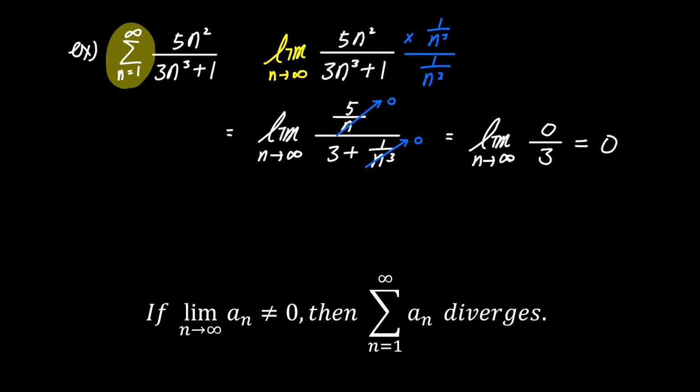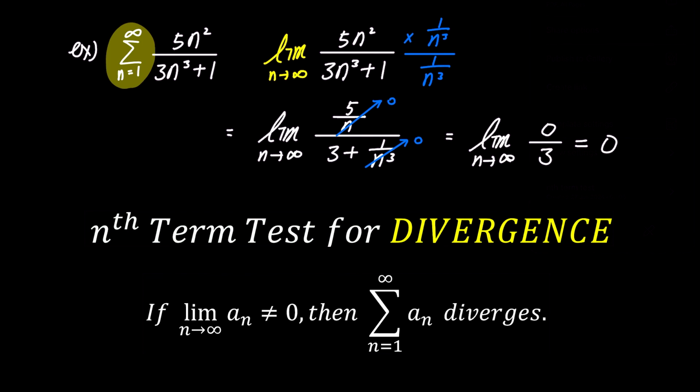Now, does this infinite series diverge or converge? The answer is we cannot determine it. The nth term test only allows us to check for divergence, meaning we can conclude it diverges only when the limit is not 0. If it is 0, other tests need to be employed.